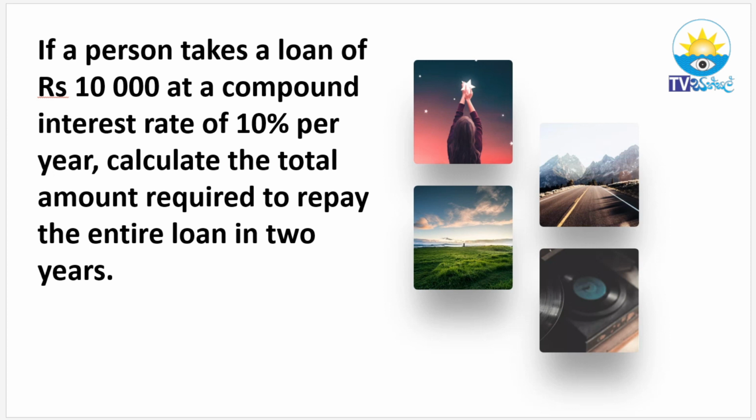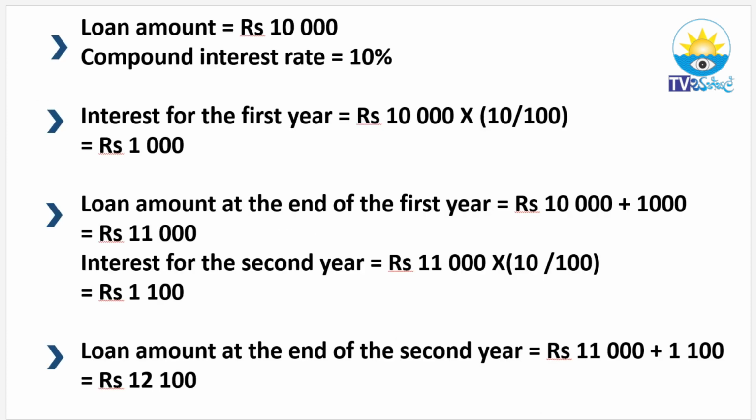That is the question. The principal of the loan is 10,000 and the rate is 10% annually. The time period is 2 years. Those are the facts you have to use to solve the problem. Let's see the solution. Look at it.